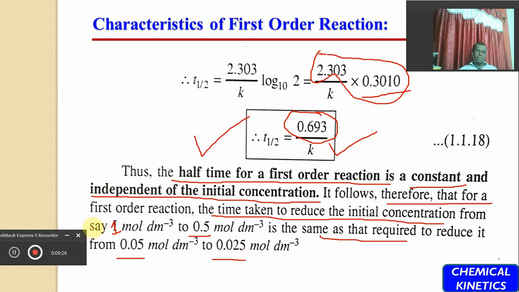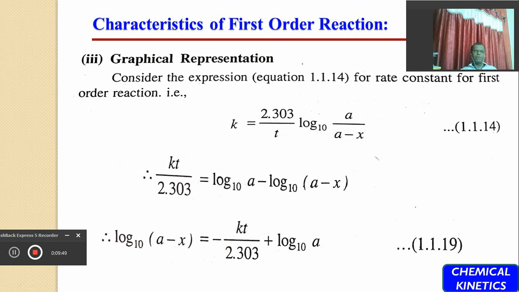So whatever time is required to reduce the concentration from 1 to 0.5, it will be the same as that required to reduce it from 0.05 to 0.025. These times will be exactly identical because these times are called half-life period.